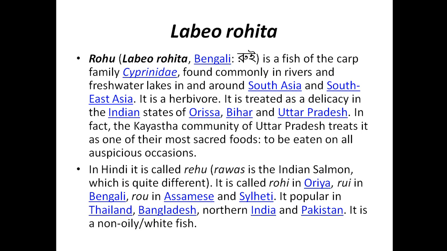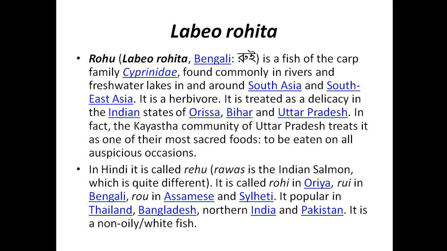Then another most interesting freshwater fish which has been extensively cultivated is Labeo rohita, which is popularly known as rohu. It's a carp generally found in rivers and freshwater lakes in South Asia and Southeast Asia.